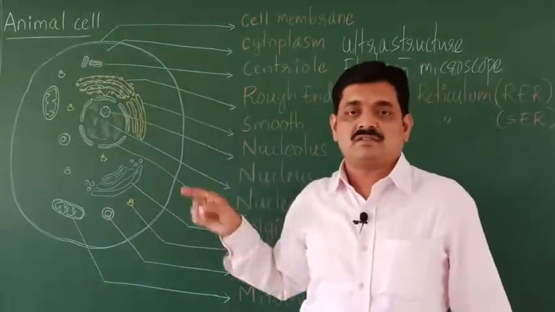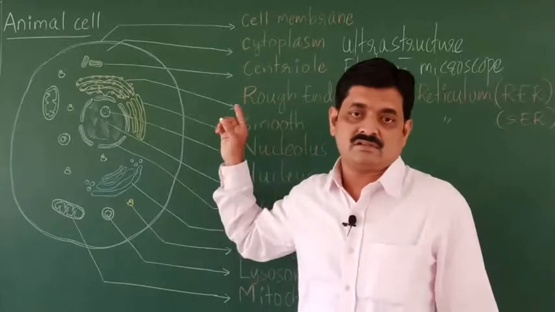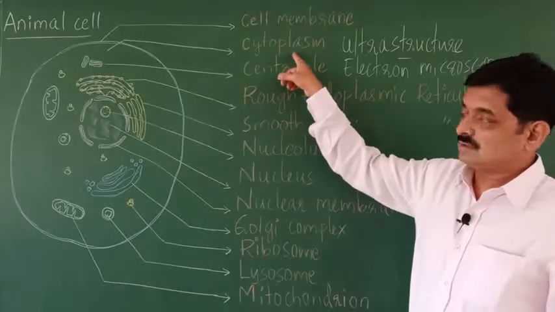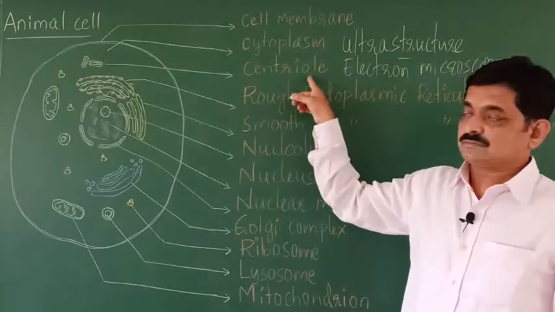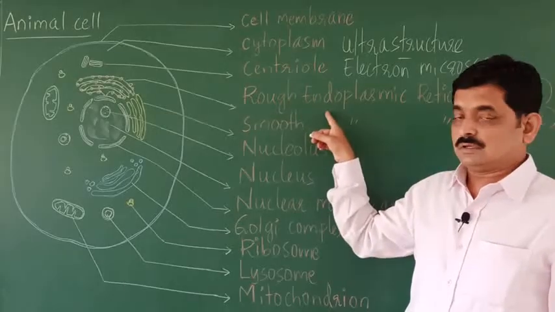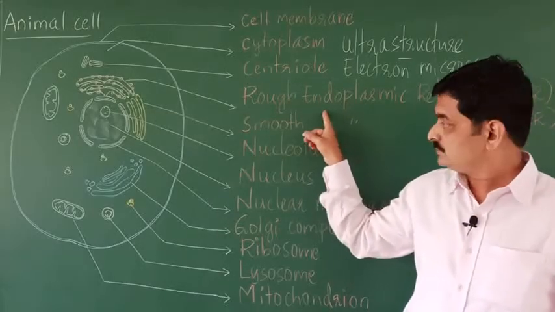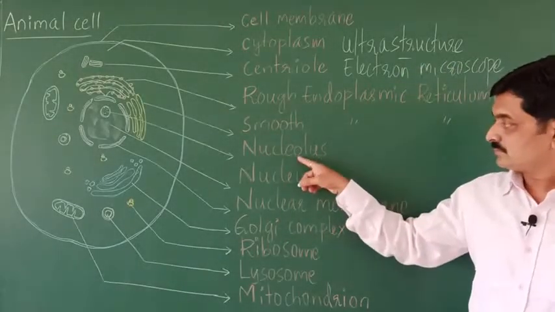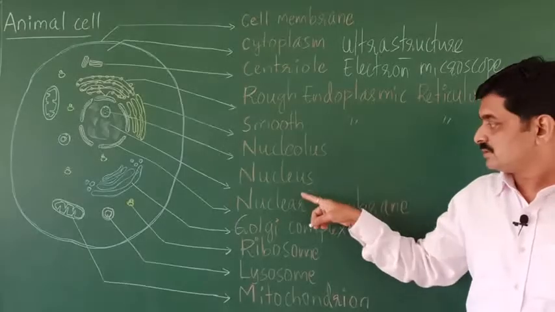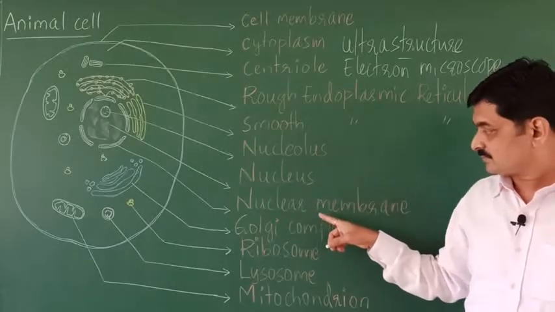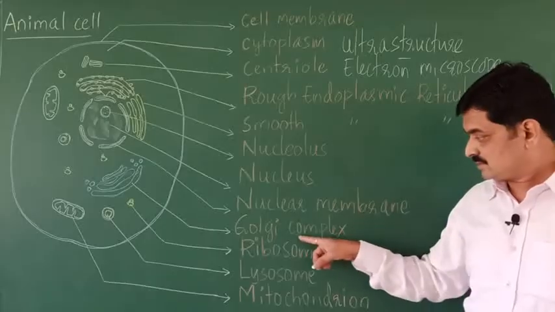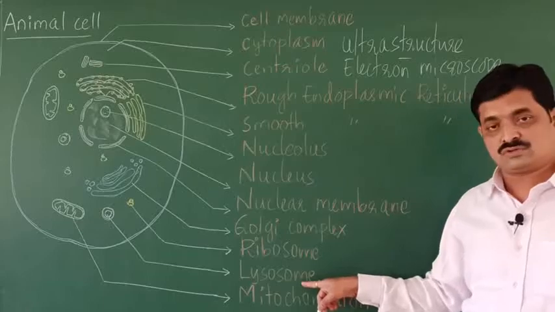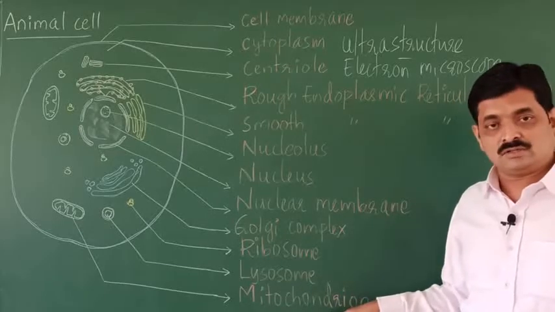Now, the different parts that you can observe here are the cell membrane, cytoplasm, centriole, rough endoplasmic reticulum, then smooth endoplasmic reticulum, nucleolus, nucleus, nuclear membrane, Golgi complex, ribosome, lysosome, mitochondrion.